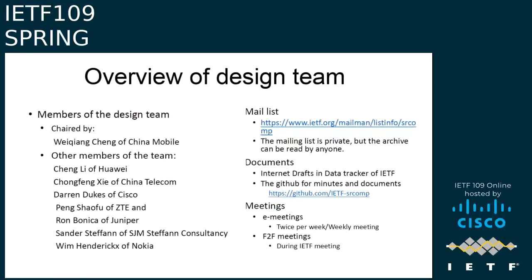And about the documents, for the internet draft, we put them on the data tracker. For some other documents or meeting minutes, we put them on the GitHub link. This link is open for anyone. If you are interested, you can access it for our meeting minutes or other documents.